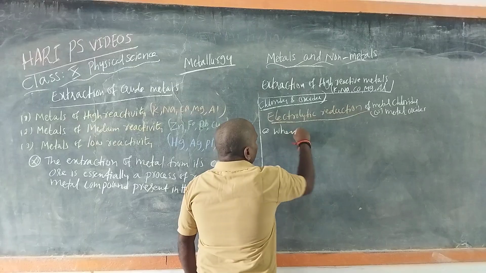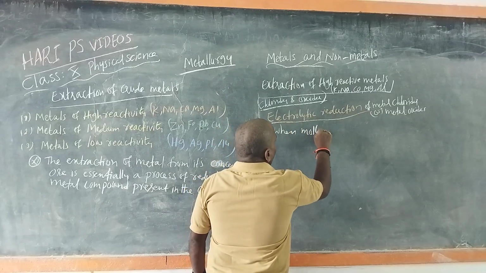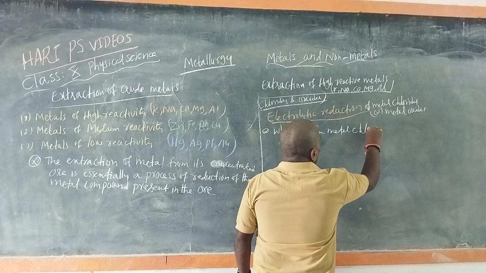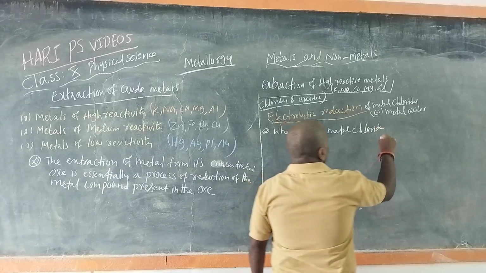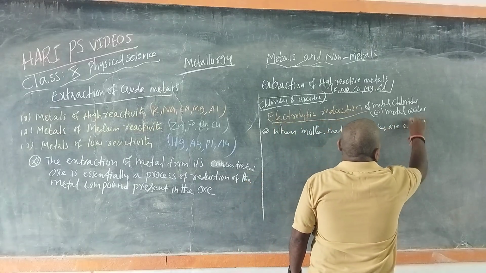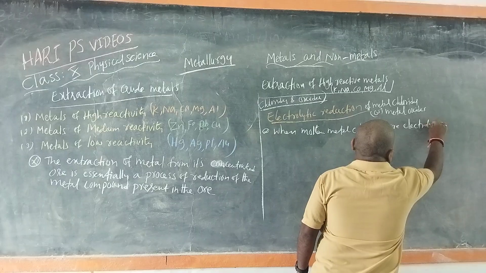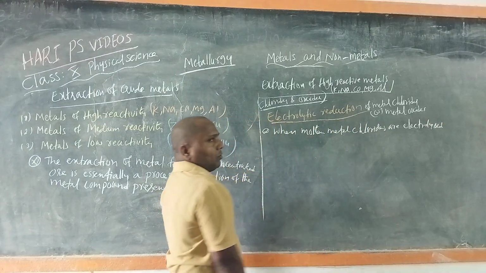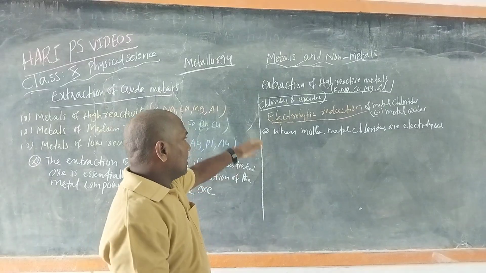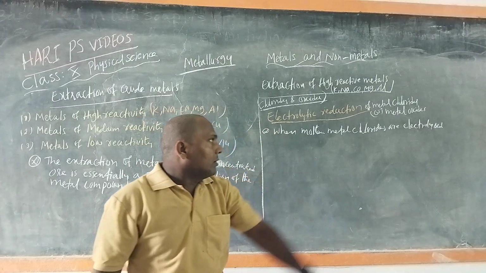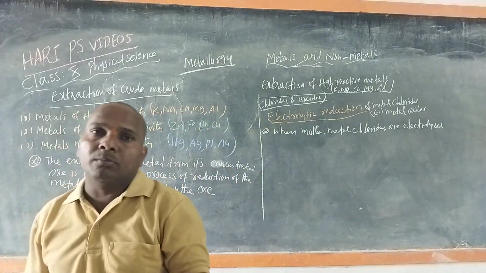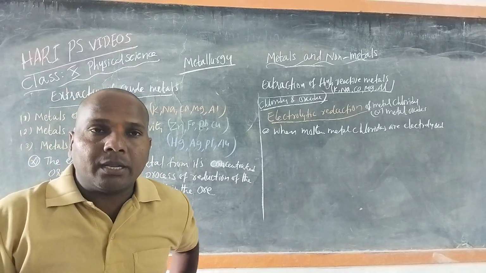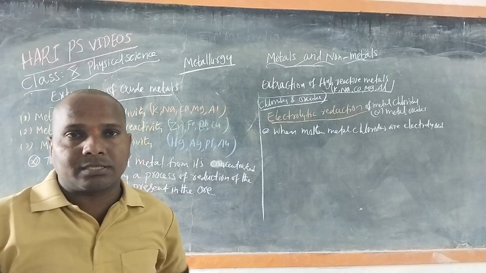So what happens when molten metal chlorides or molten metal oxides are electrolyzed by passing electricity?